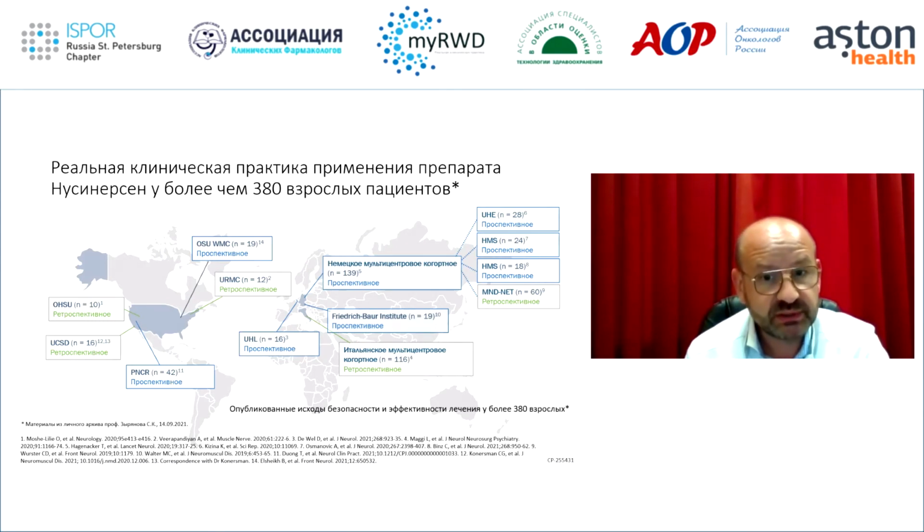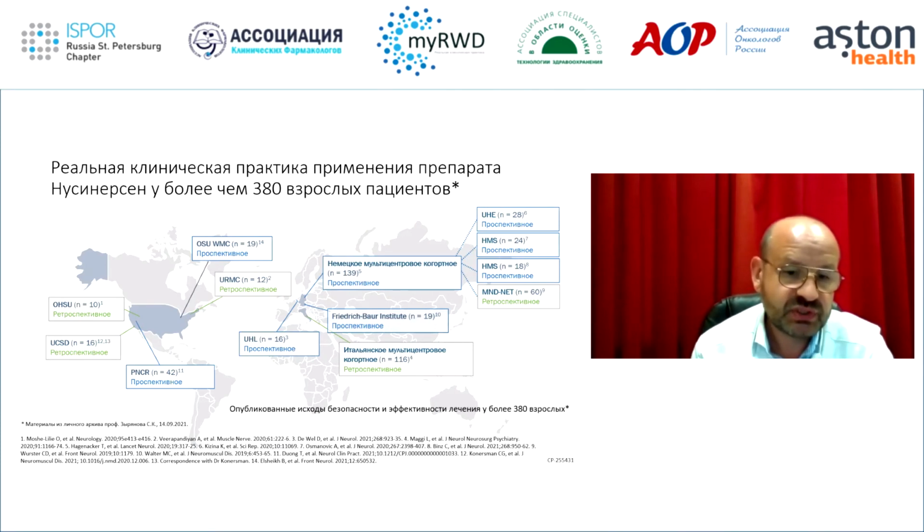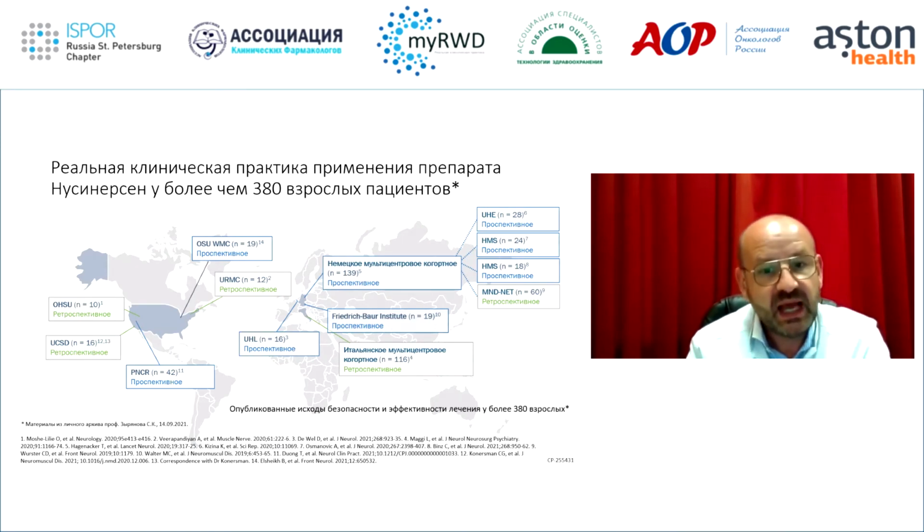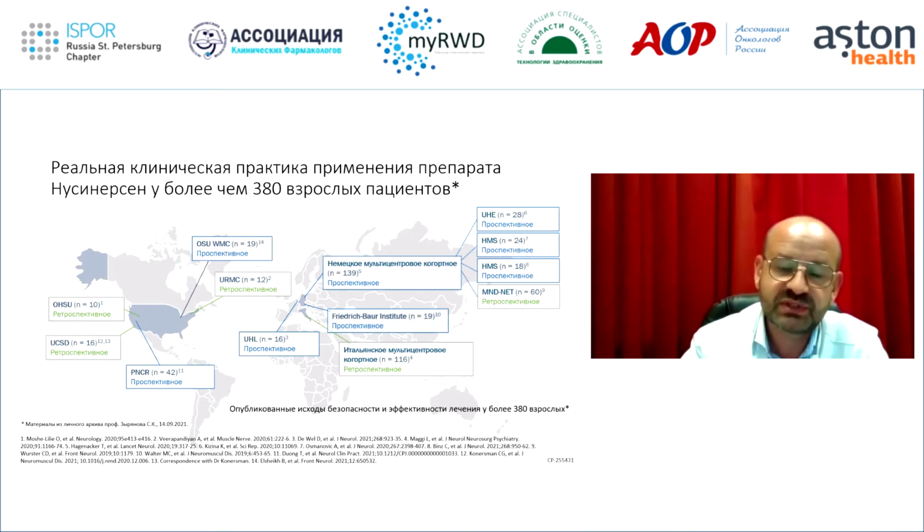SMA is not just a child disease, it's also a disease of adults. With type 3, patients can live quite long, and we must have a clear understanding of what the administration of a particular drug can lead to in adult patients.